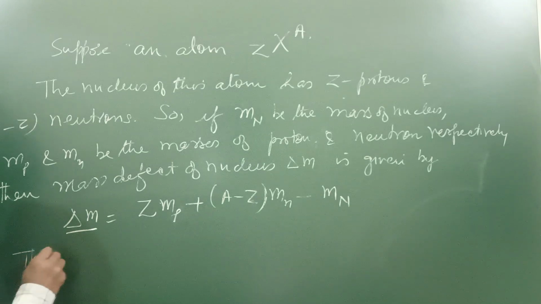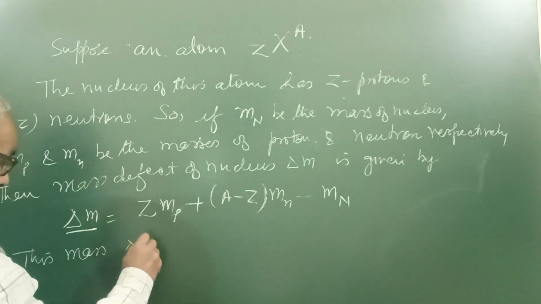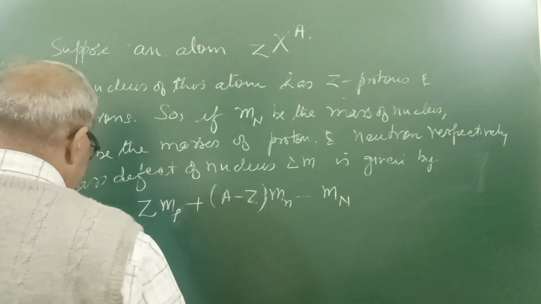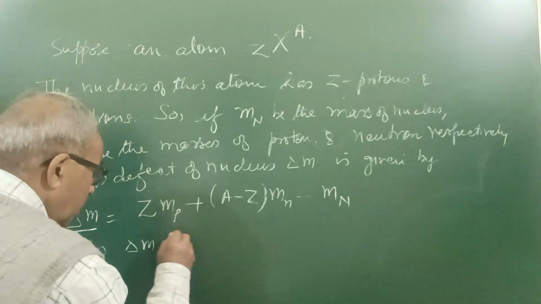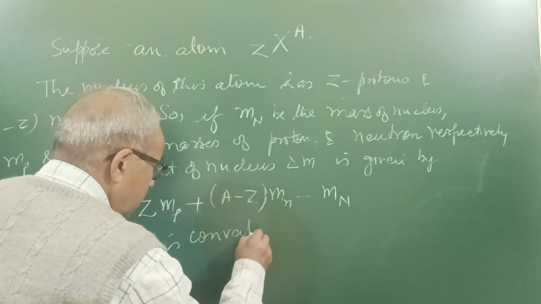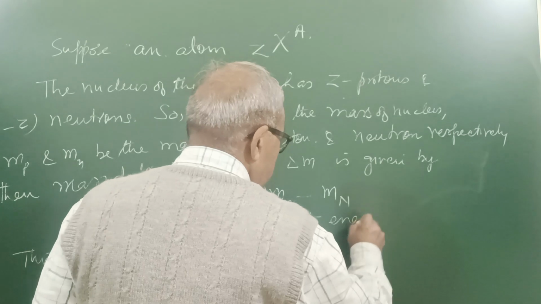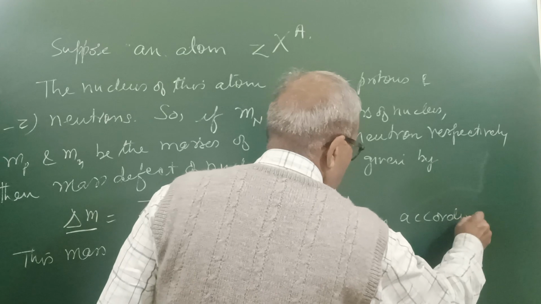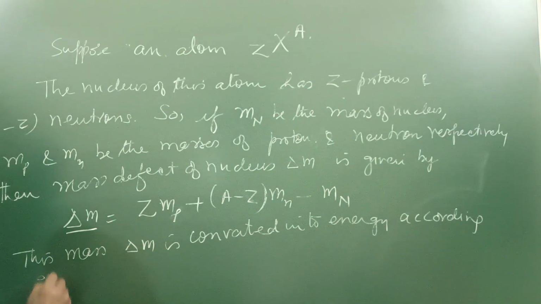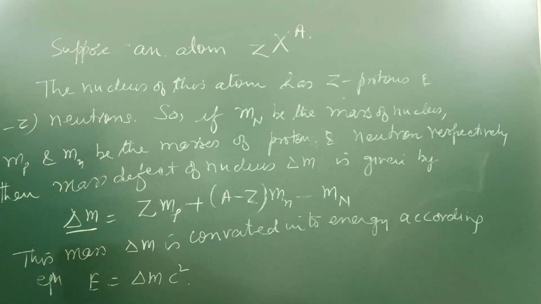This mass delta m is converted into energy according to the equation E equal to delta m into c square. C is the speed of light.